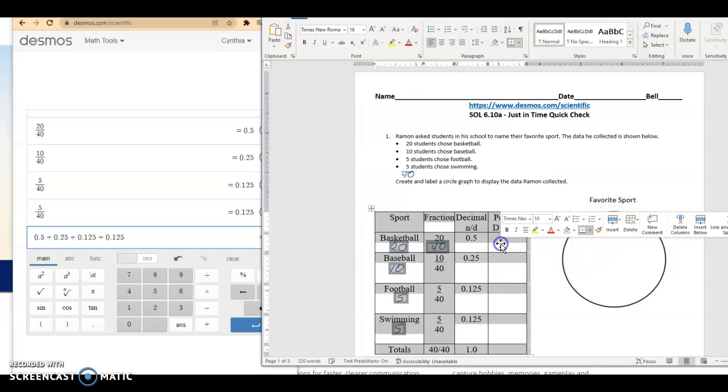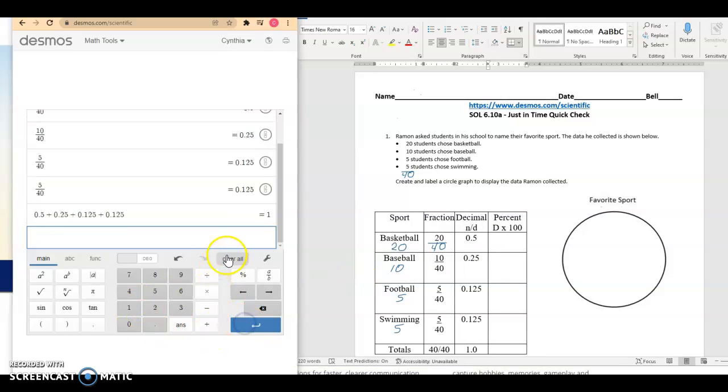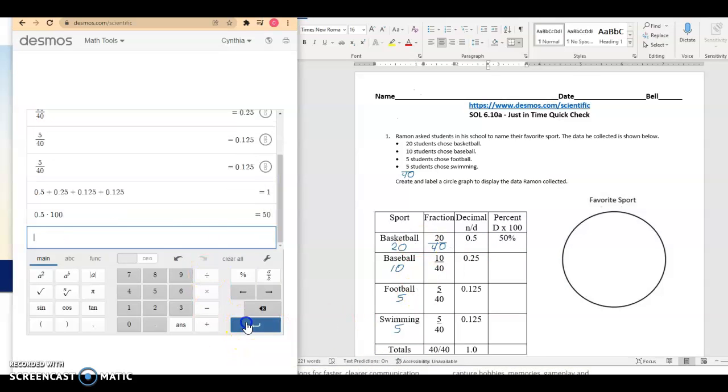So in order to get my percent, I'm going to take my decimal and multiply it by 100. So my first decimal is 0.5, so that's 0.5 times 100, which is going to give me 50. And I'm going to add my percent sign for 50%.